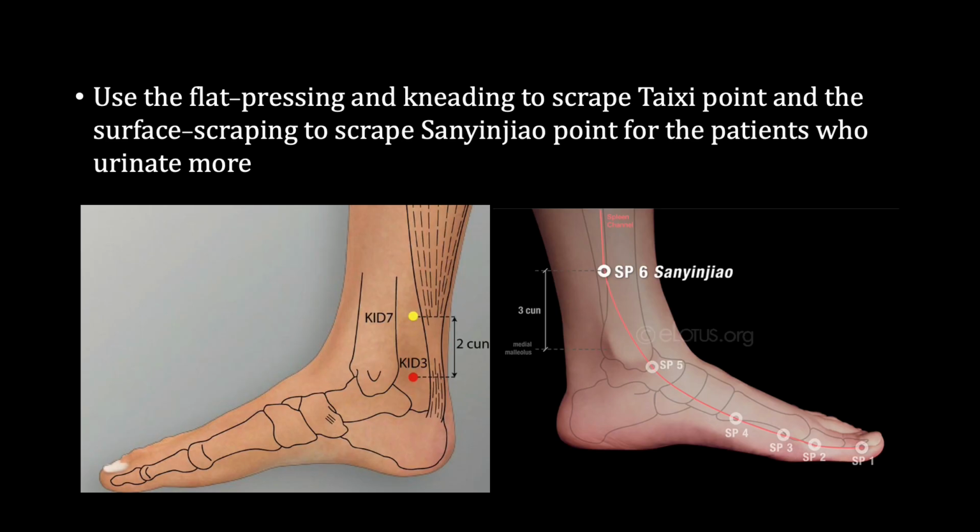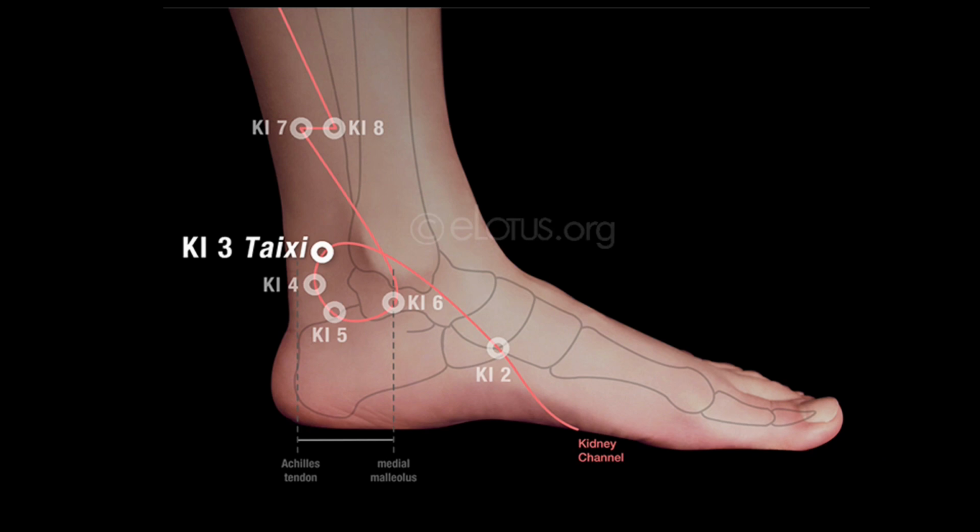Use flat pressing and kneading to scrape Taixi point and surface scraping to scrape San Yin Jiao point for patients who urinate more. Kidney 3, Taixi, great stream. On the medial aspect of the foot, posterior to the medial malleolus, in the depression between the tip of the medial malleolus and the tendocalcaneus.